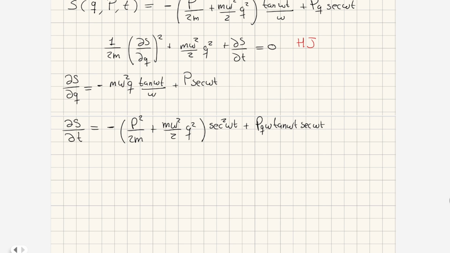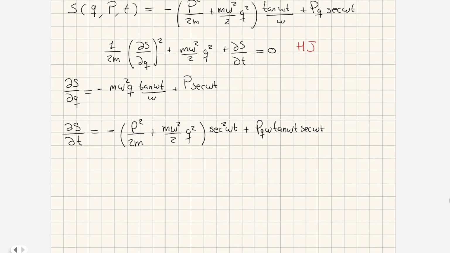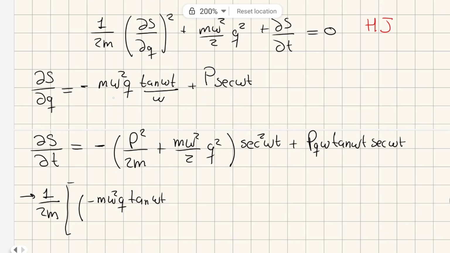Okay, so we need to put this into the Hamilton-Jacobi equation. So that will be 1 divided by 2m times the partial of s with respect to q squared. So that will be minus m omega squared q tangent omega t. Actually, this omega can cancel this, so we get this.